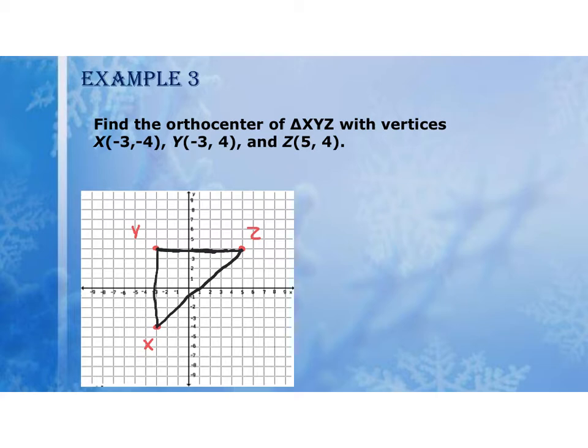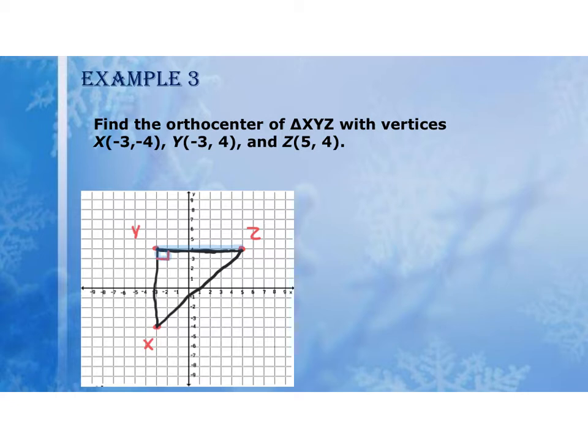Notice I've got a horizontal and a vertical line. That's going to form a right angle, so this is a right triangle. And the orthocenter, when it's a right triangle, is going to be located on the triangle. So let's go ahead and draw in the altitudes. When you have a right triangle, the altitude that goes from point Z over here is going to be one of the legs.